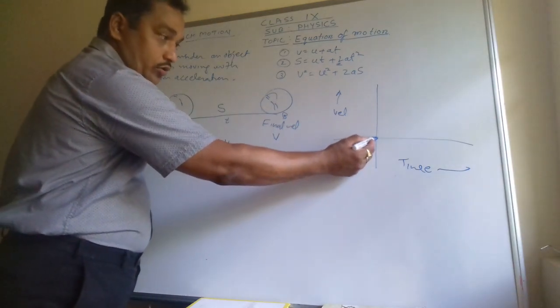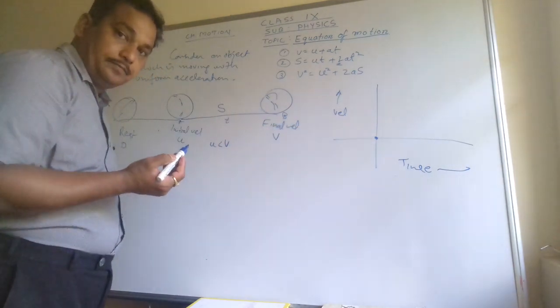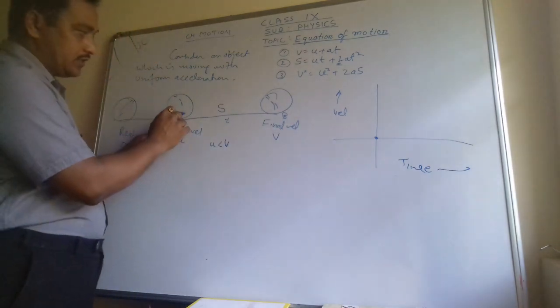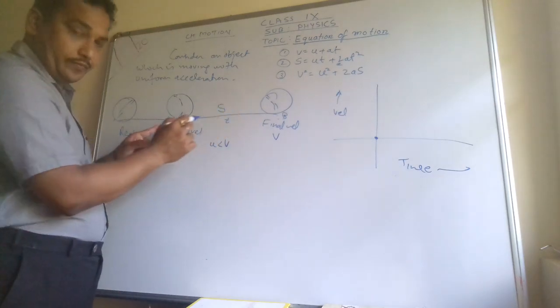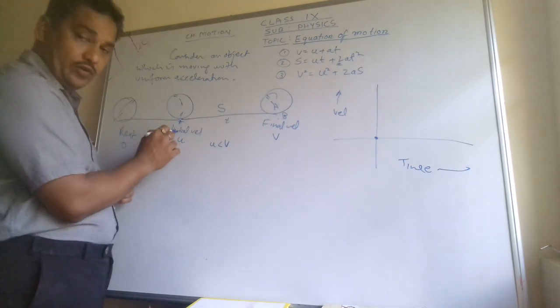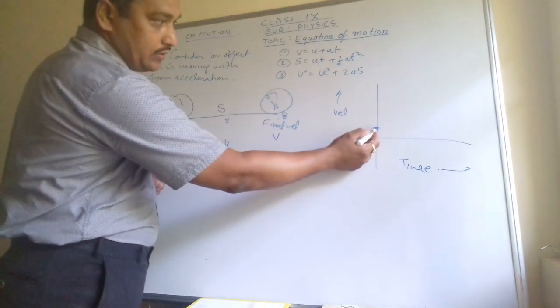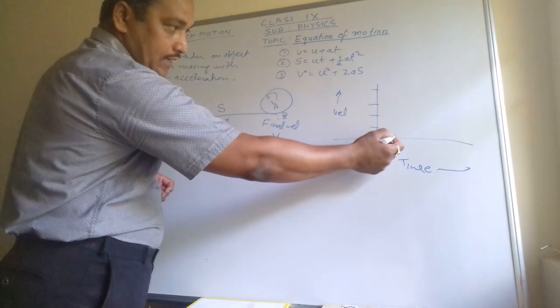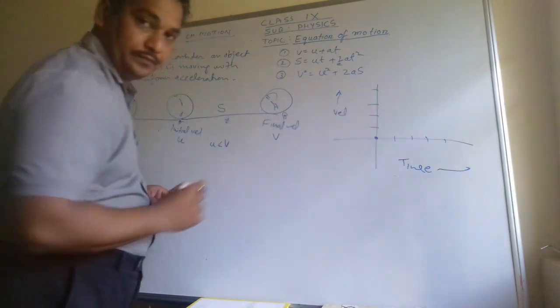This is 0, 0, the origin, as you know in mathematics. In this case we are considering from point A to B. Here velocities are on the y-axis, and time is on the x-axis.